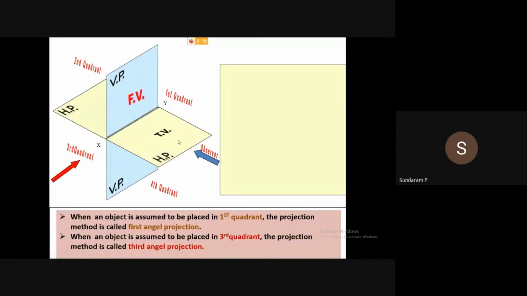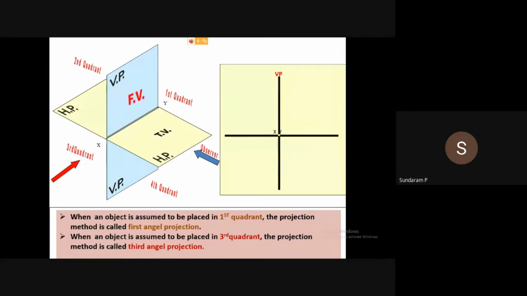Here, based on the XY line, we can divide the four quadrants. Now we can assume we are looking at the front like this. This red arrowhead shows our view. The XY line divides the four quadrants anti-clockwise. Assume a horizontal line XY and a vertical line x dash y dash, as you have all drawn graphs in two-dimensional space coordinates.